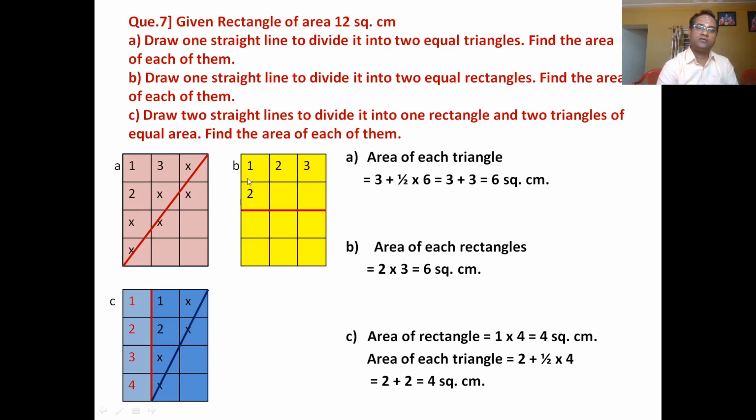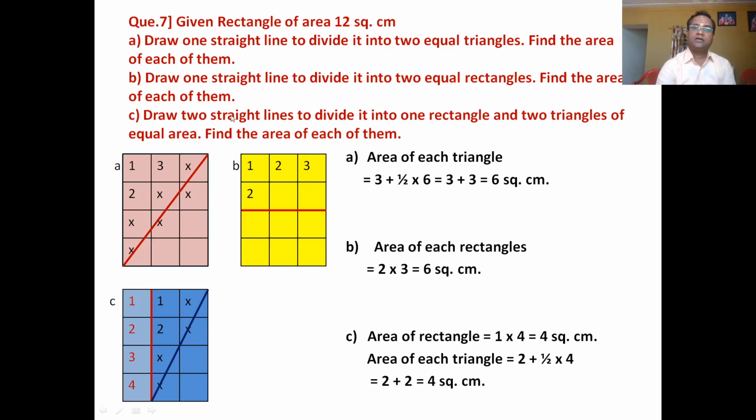So after 2, I can draw a red line here. This red line divides the rectangle into two equal smaller rectangles, and the area of each rectangle will be 3 times 2, which is 6 square centimeters.